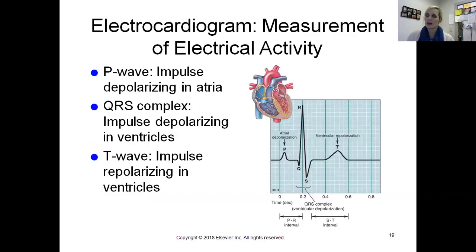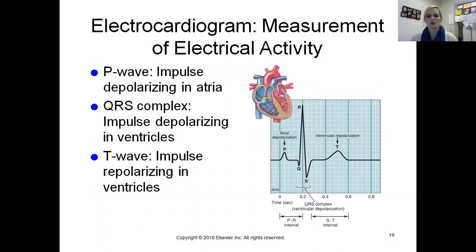And how we measure that, and the only thing I want you to know from this, is that this is how we measure our heart's conduction system. We have what's called an electrocardiogram. Some people have different classes on this, but you will probably see this in some of your specific nursing classes.